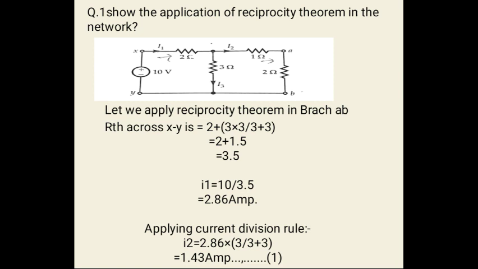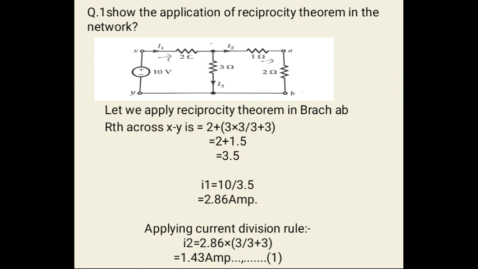In the first case, we find the current in the AB branch using any conventional method. First we find RTH across the XY or AB terminal. The value of RTH is obtained by replacing the voltage source by its internal resistance, which means the voltage source is short circuited.